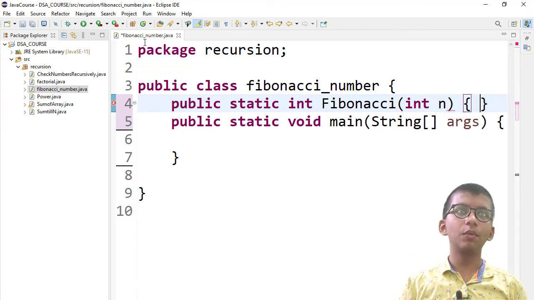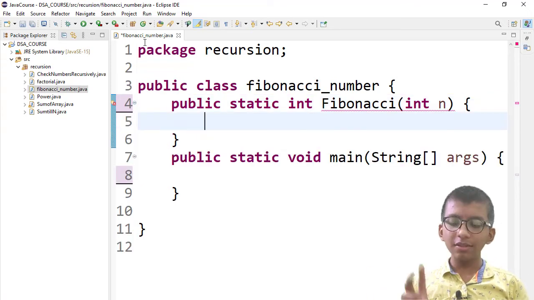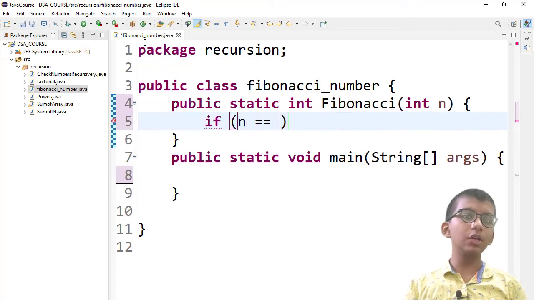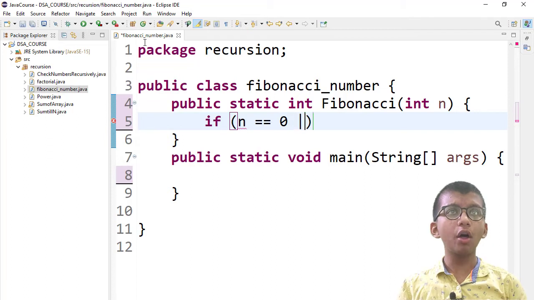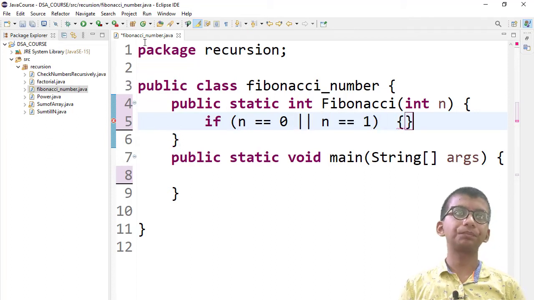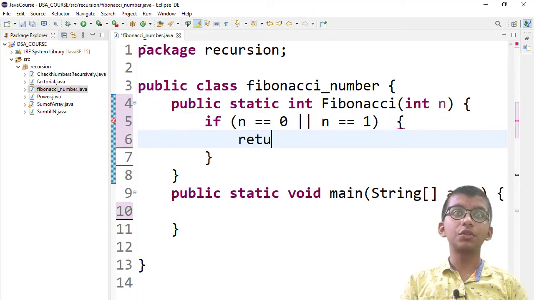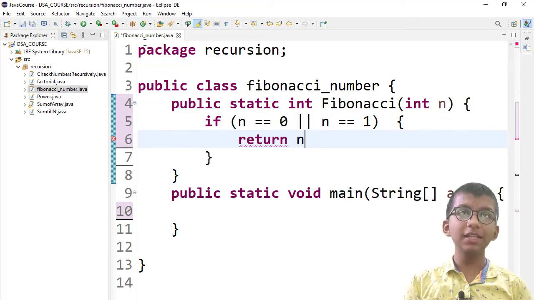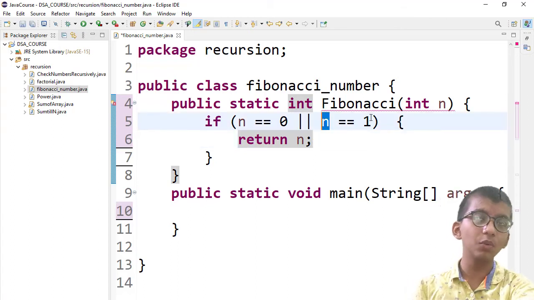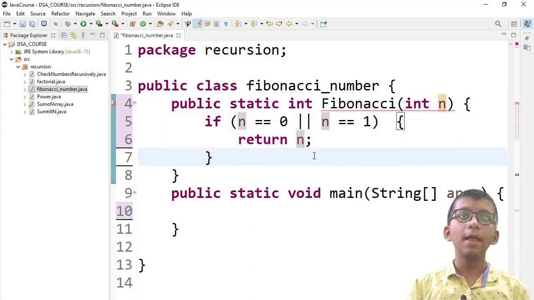So we're going to take n, and there are two base cases. If n is equal to 0 or n is equal to 1, we have to return n. Means if n equals 0, it will return 0, and if n equals 1, it will return 1.